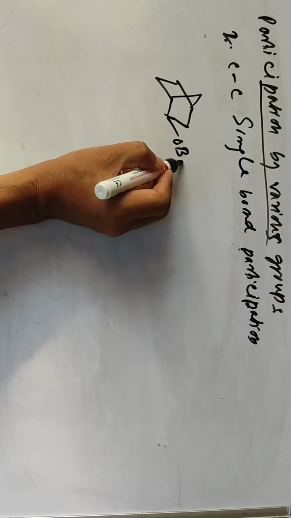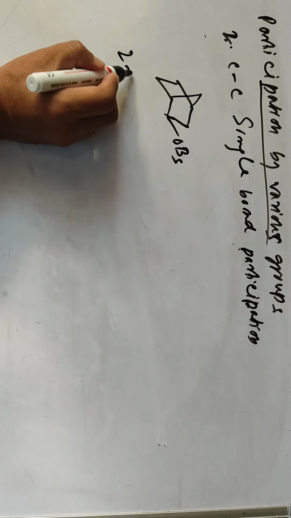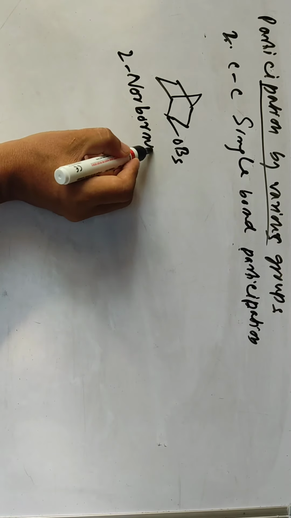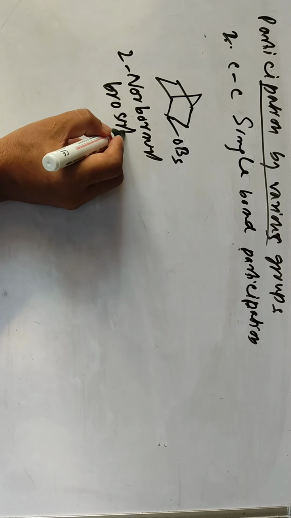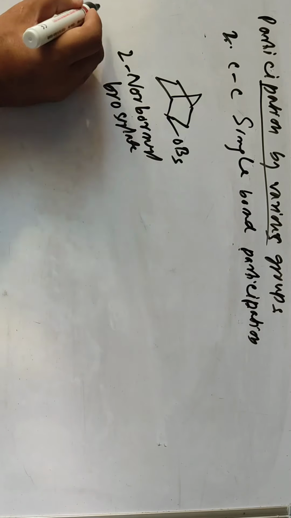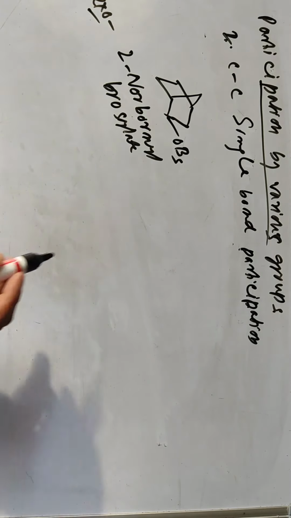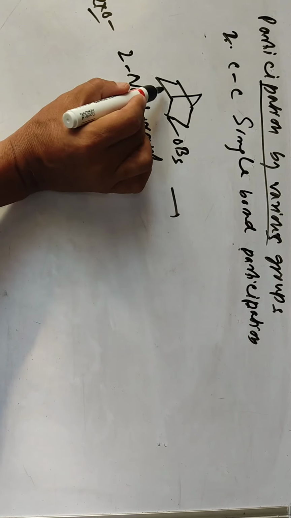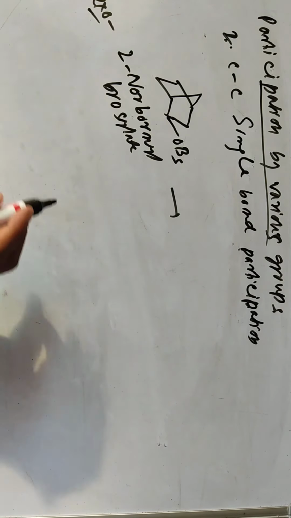In OBs, this one, exo-2-norbornyl brosylate. Like earlier, you lose this group and make a carbocation here, then delocalization by the sigma bond, and again the double bond here. So we have shown earlier.